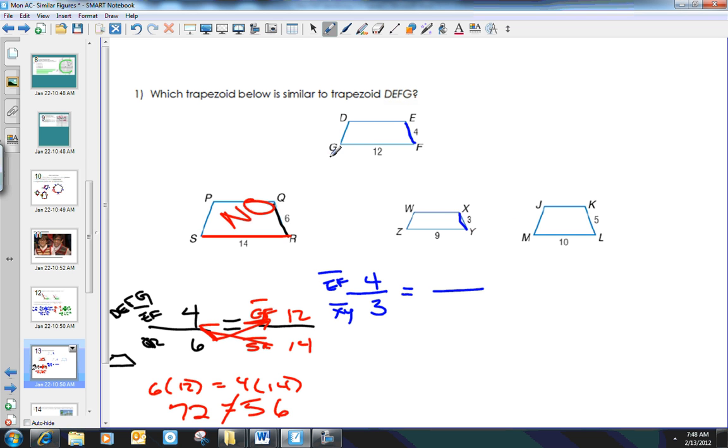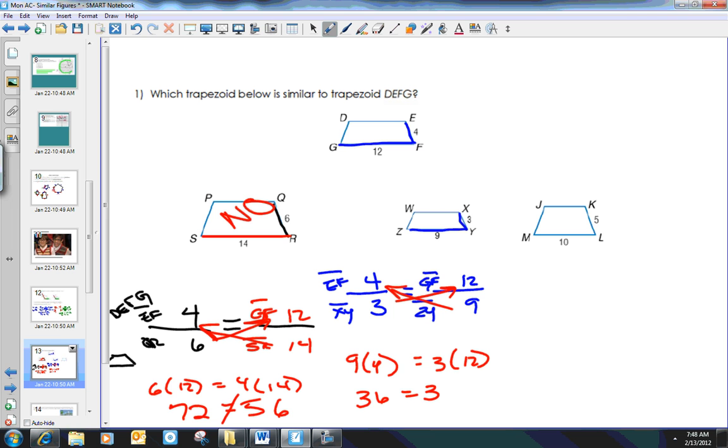And then we're going to look at GF again. Segment GF is worth 12, and segment ZY is the corresponding, and it is worth 9. Does 9 times 4 equal 3 times 12? Let's see. 9 times 4 is 36. 3 times 12 is 36. It looks like we might have a winner here, so this one is similar.